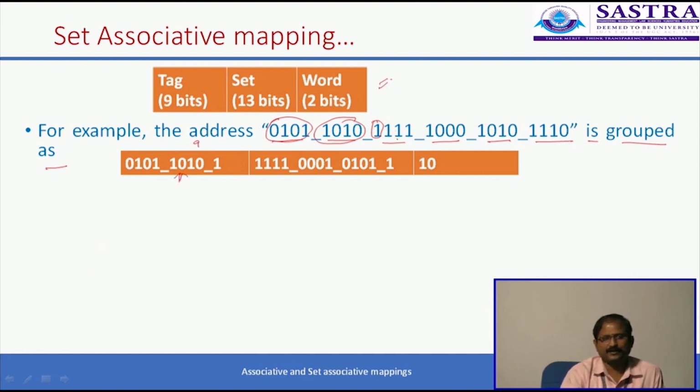The next 13 bits, 1, 2, 3, 4, 1, 2, 3, 4, 1, 2, 3, 4. So 12 bits and this one, 13 bits are used to identify the set. The last 2 bits are considered as word field bits. So this address will be grouped like this.